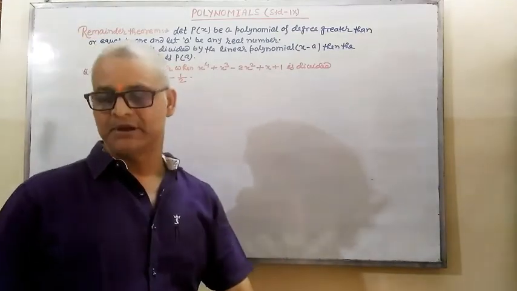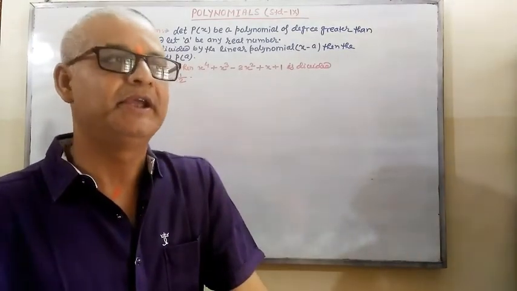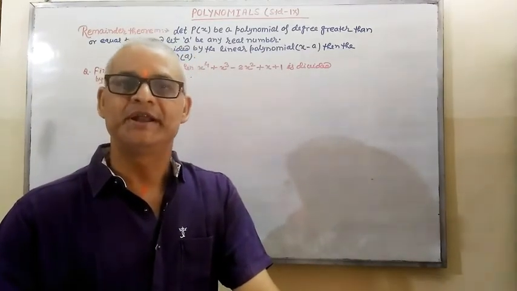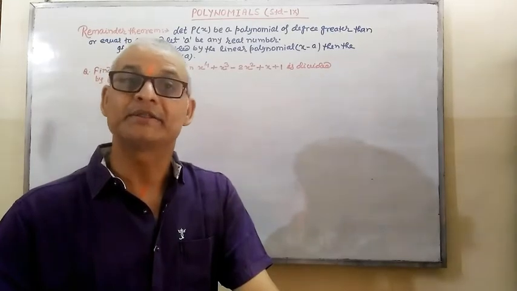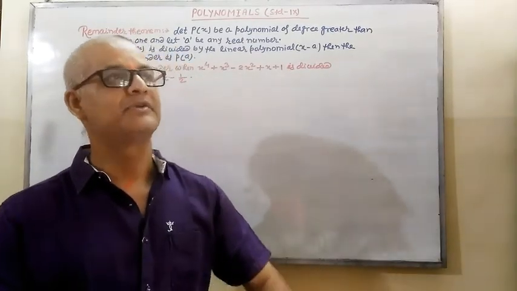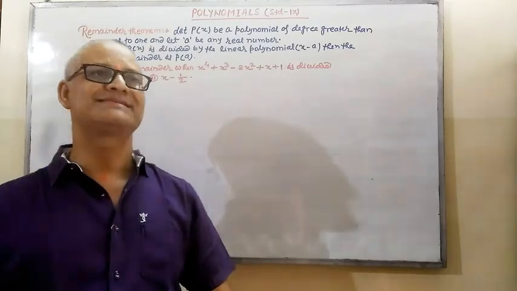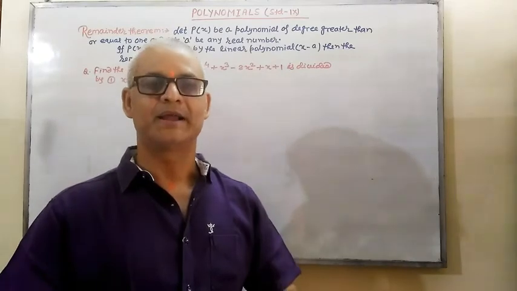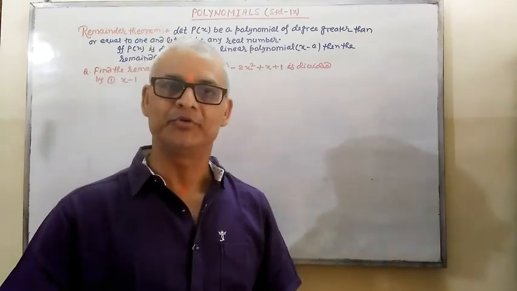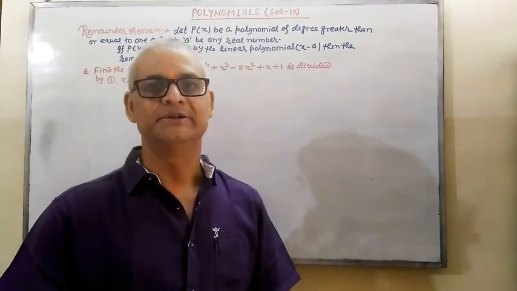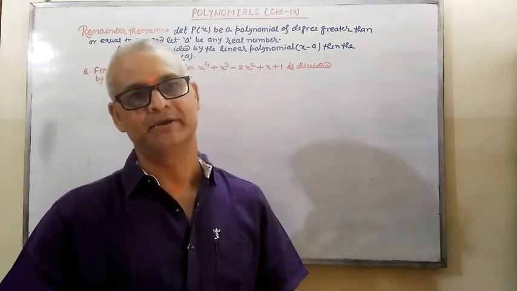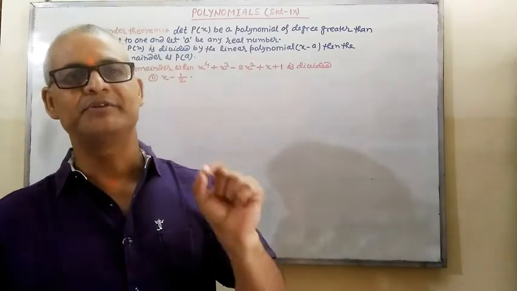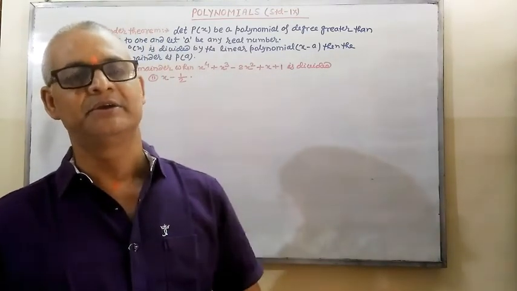It means remainder theorem is saying if we have a polynomial whose degree is 1 or greater than 1, and suppose x minus a is any linear polynomial, when it is divided by x minus a, then P(a) will be the remainder.